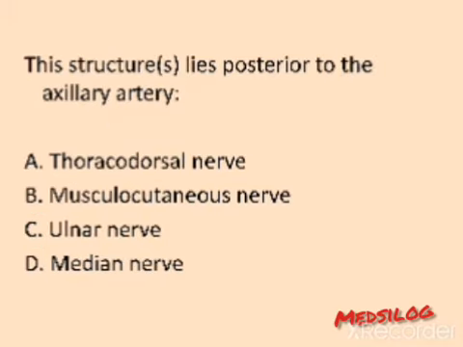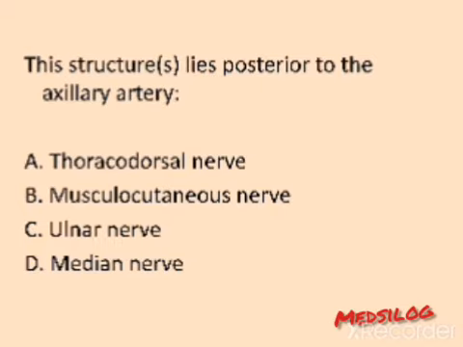This structure lies posterior to the axillary artery: thoracodorsal nerve, musculocutaneous nerve, ulnar nerve, or the median nerve. As we know, the axillary artery is just a short artery that can be viewed in this section.